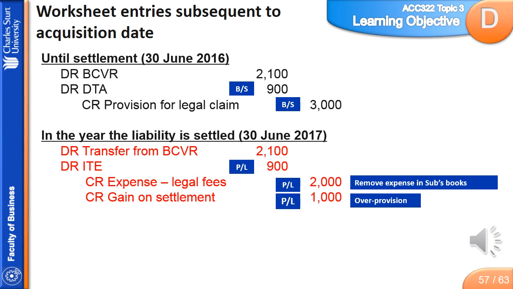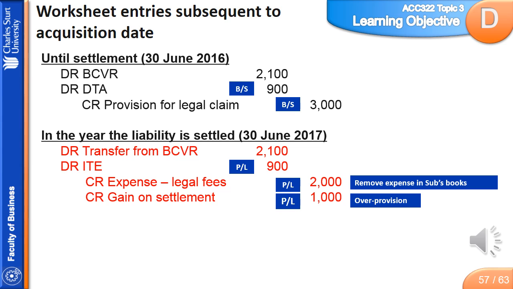So the first entry we'll perform is a transfer from BCVR, and that will be $2,100 again. So just remember, once this entry is complete, at the end you just do a reversal where you would then credit this transfer from BCVR and then debit BCVR to clear it to zero.